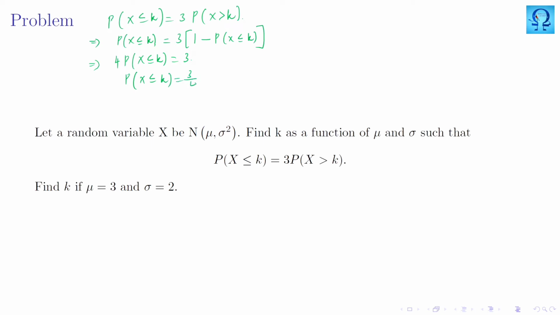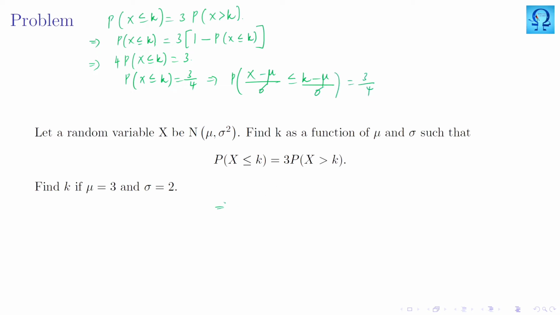So the probability of x less than or equal to k is 3 by 4, in which I just normalize it: (x minus mu) divided by sigma less than or equal to (k minus mu) upon sigma, which is equal to 3 upon 4.